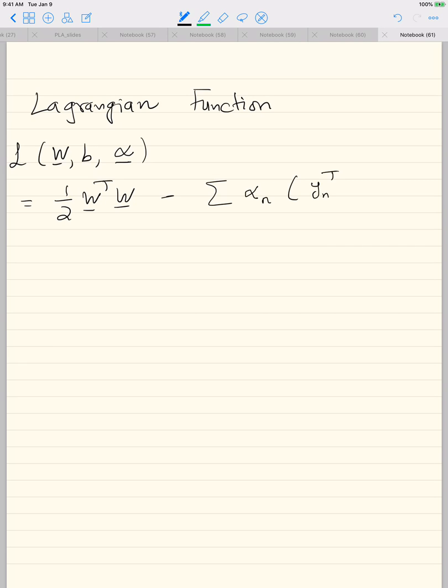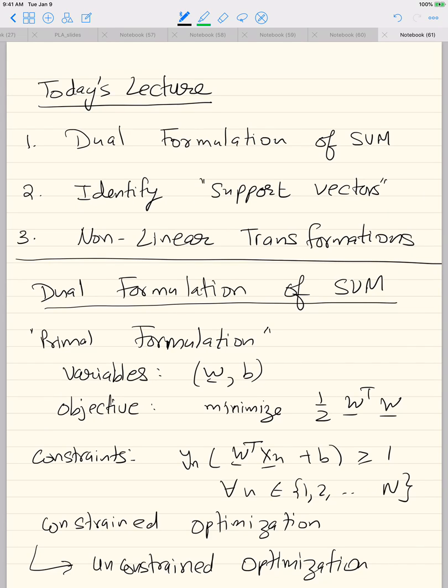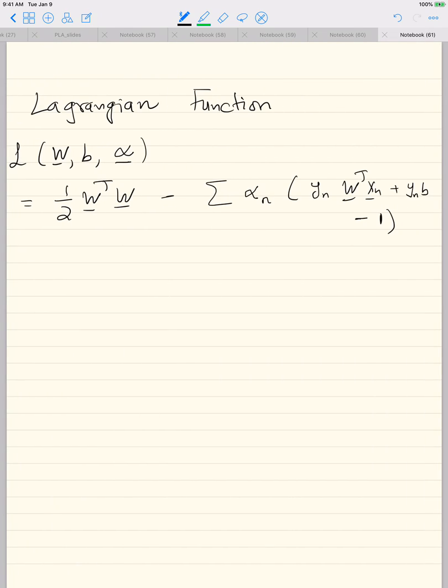The constraint we had was yn w transpose xn plus yn b minus 1. So we bring this one to the left hand side, and this is how we get this constraint up here.